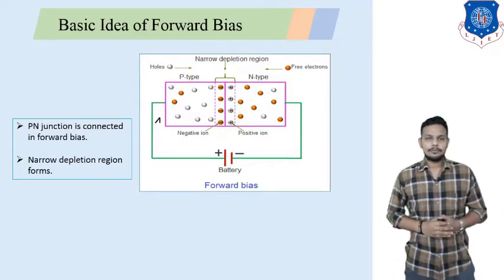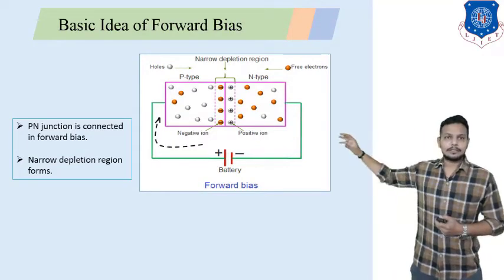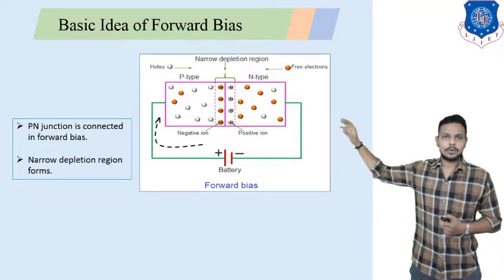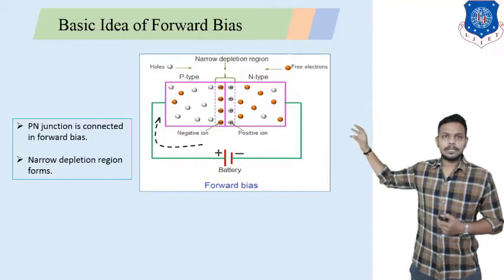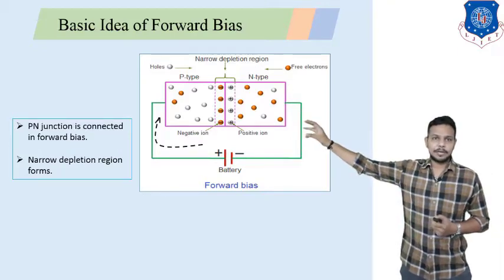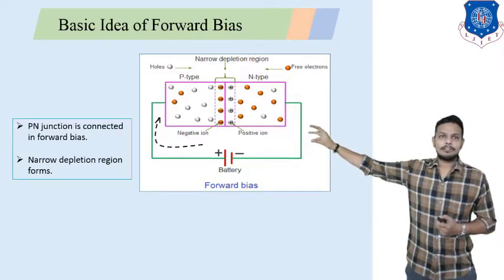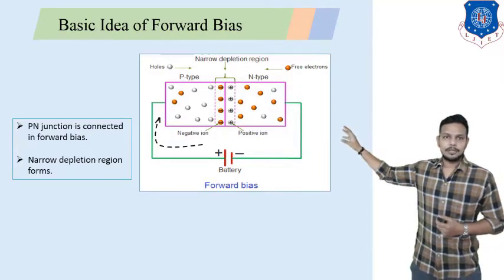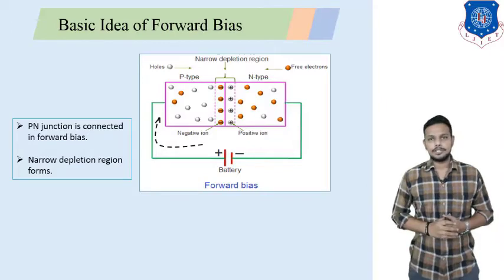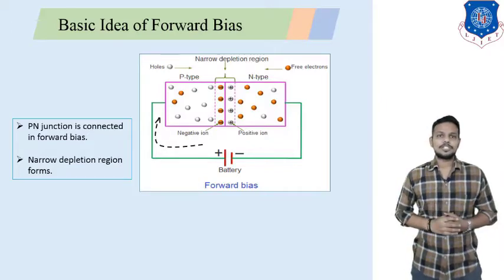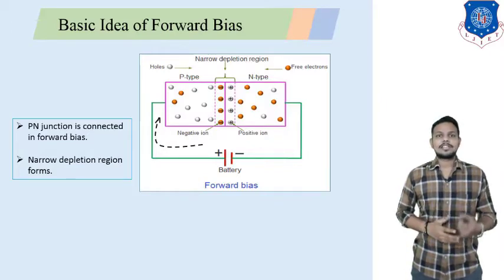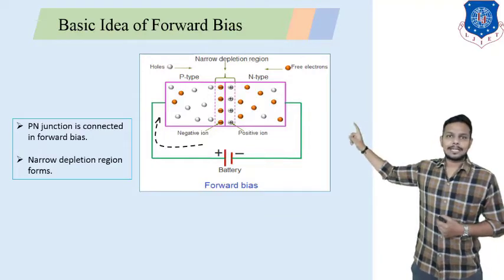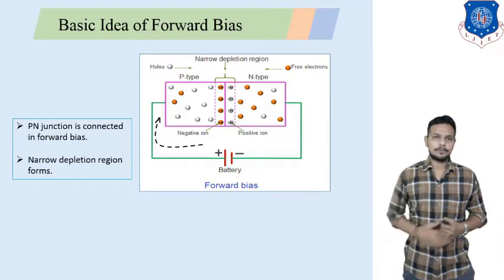When we do not connect any battery with this construction, electrons move to the p-type material and holes travel to the n-type material. So due to this there will be a depletion region. After this depletion region is developed, no electron can pass through this region.